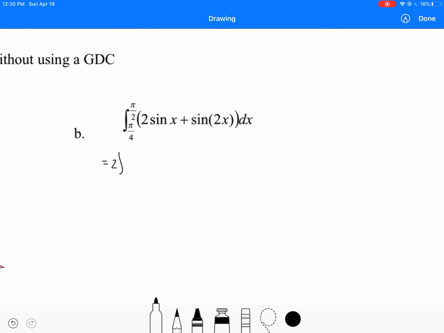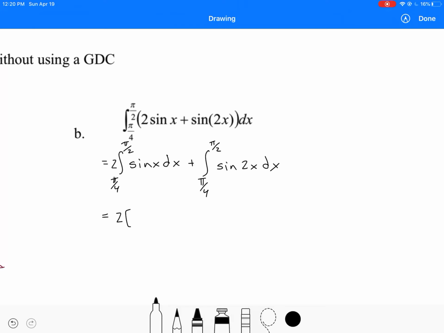We've got 2 times the integral from pi over 4 to pi over 2 of sine x dx, plus the integral from pi over 4 to pi over 2 of sine 2x dx. You don't really have to separate them into its parts. You could do it all in one step if you wanted to. I find this just helps me get all the substitution and signs correct.